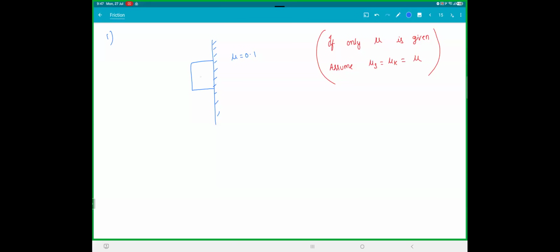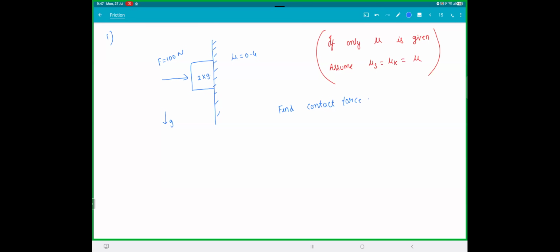So we got a block here of 2 kg. Gravity is there and someone is applying 100 newtons. Find the contact force. Make mu s 0.4. Straightforward question.